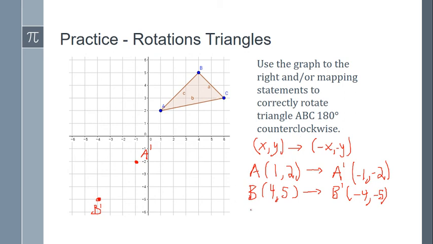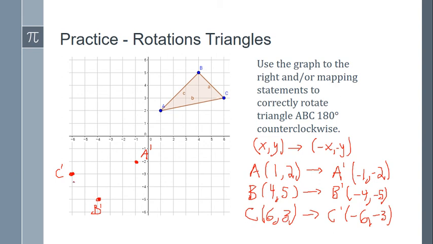Finally, point C in the pre-image is at location 6, 3. After I apply the 180-degree rotation, the mapping statement tells me just change the signs on the x and y, so we'll end up at -6, -3. I'll go ahead and plot that point. Here's -6 back here on the x, down to -3 right there. And that is C prime.